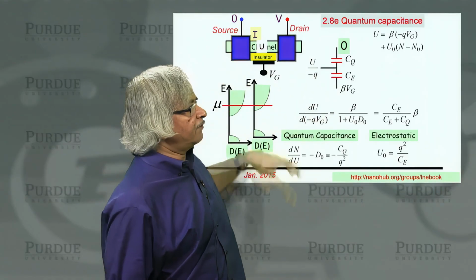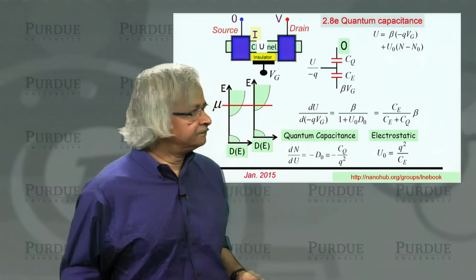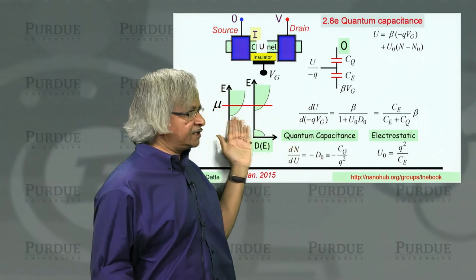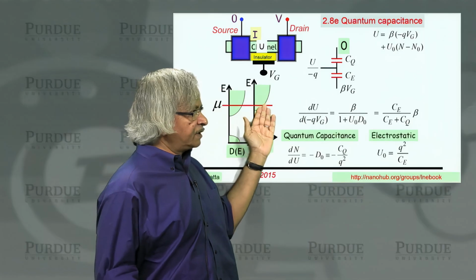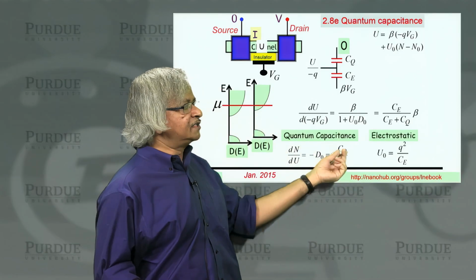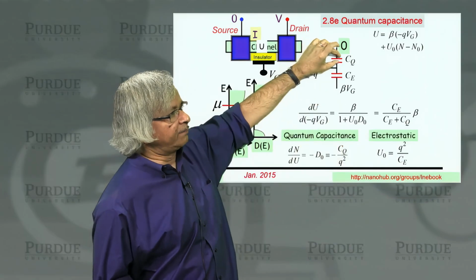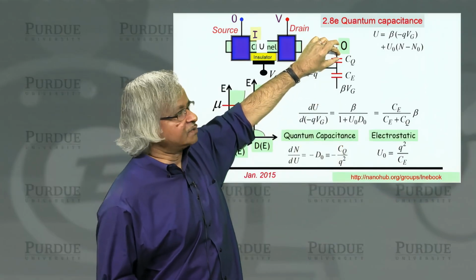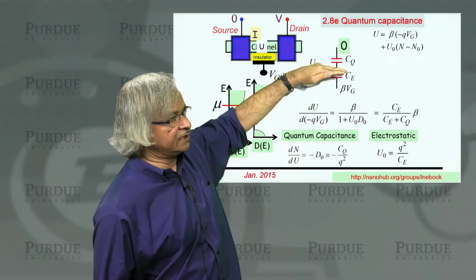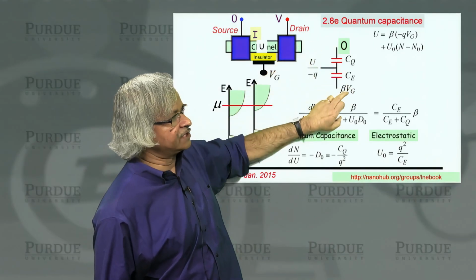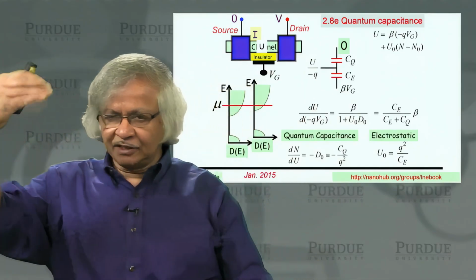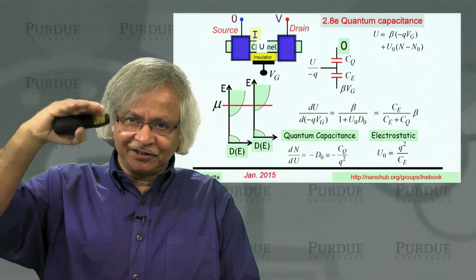So when you have a very low density of states, like we had when you had a non-degenerate case, when this Fermi energy was down in the gap, you had D0 was small, CQ was small. So this was a small capacitor. So when it's a small capacitor, then the entire voltage appears here. So what you get in the channel is essentially what you apply. Because remember, small capacitor is kind of like a small conductance or a high resistance.